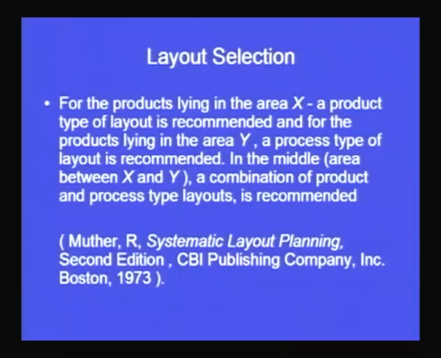On your screen you can see that a combination of product and process type of layout is recommended. So we have seen that wherever the volume is large and the variety is less, product type of layout is recommended. Wherever the variety is more but the volume is less, process type of layout is recommended. And in between the two, the best of both, or a combination of product and process type of layouts, can be used.